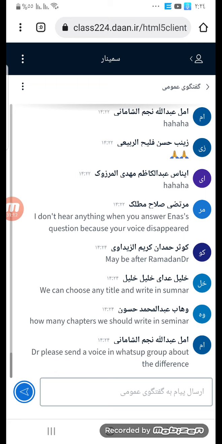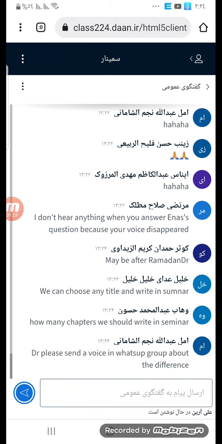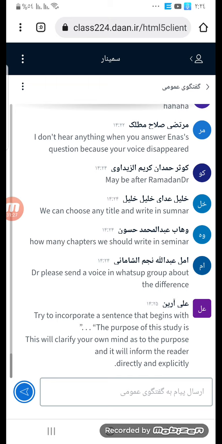As I mentioned to you, the first key point for the writing of the purpose of the study is this one. Friends, try to incorporate a sentence that begins with: the purpose of this study is, the aim of this study is, the objective of this study is. What does it mean?